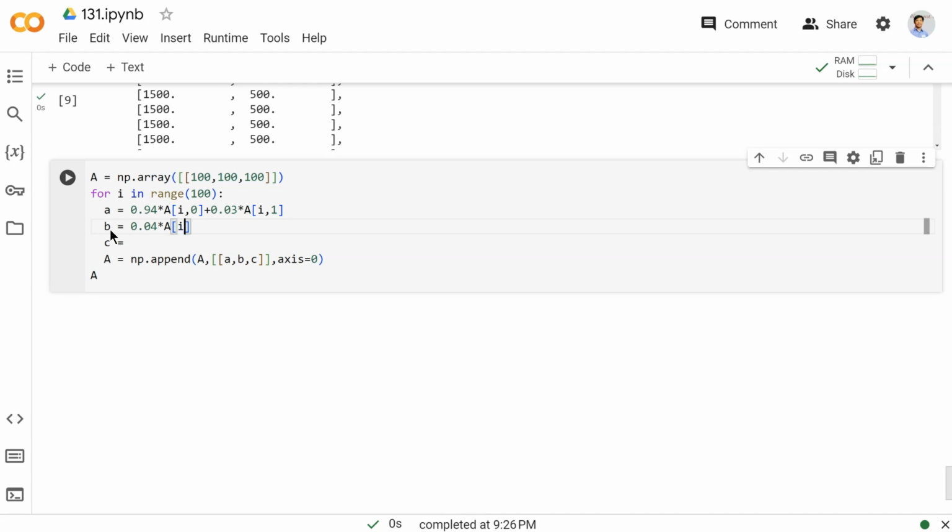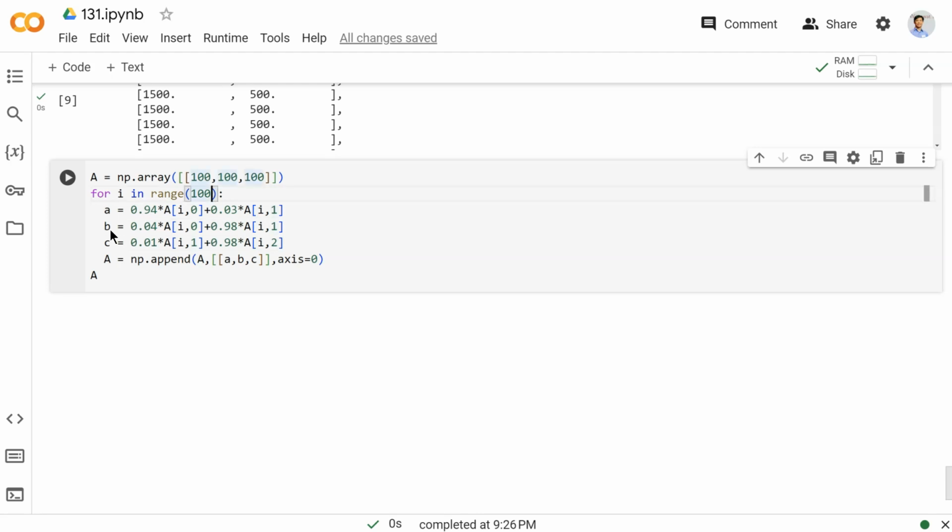So that's going to be A of I, 0 plus 0.98 times the number of adults last year. So that's going to be 0.98 times A of I, 1. And then the number of senior next year is going to be 0.01 times the number of adults last year. So that's going to be A of I, 1 plus 0.98 times the number of senior last year. So that's going to be A of I, 2.